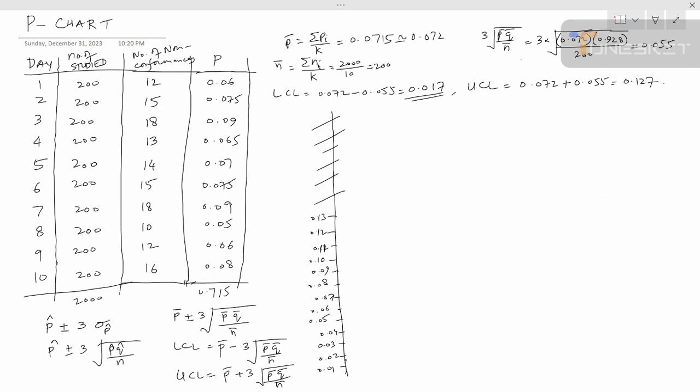That would be located over here, and we draw a dotted line to indicate the lower control limit. Now we go for the p bar line, that is at 0.072, and we draw the mean line as a solid line.